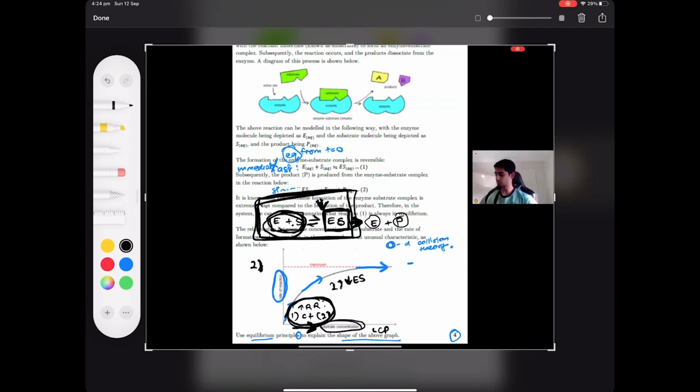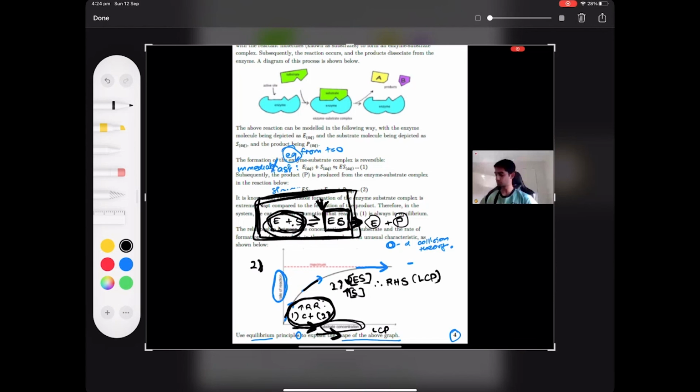And we're also going to observe an increase in substrate concentration as we're moving along that graph, right? As you can see, the substrate concentration is the x-axis. Both of those things will shift the equilibrium in reaction 1 to the right-hand side. Everyone with me? So then I would mention this is according to LCP. And that's where I'd link in Le Chatelier's principle.